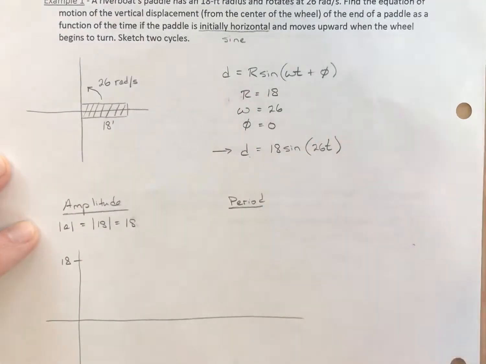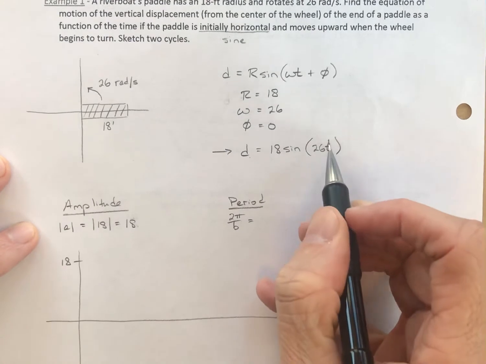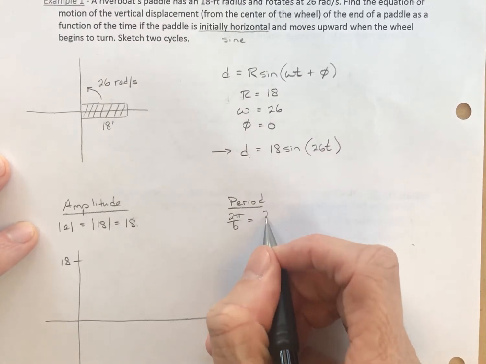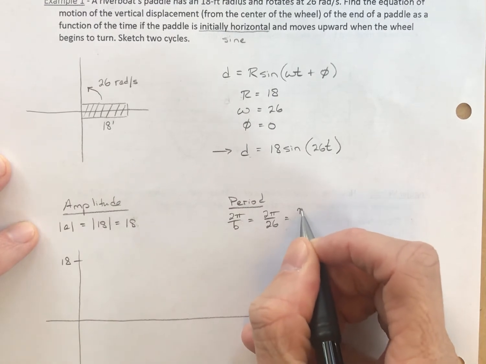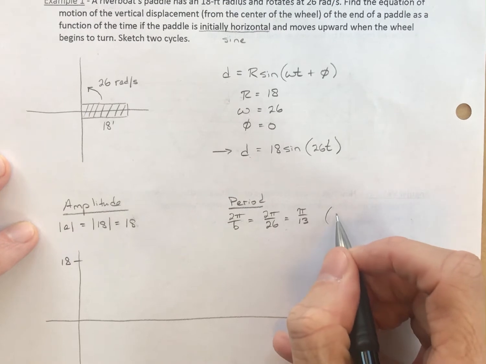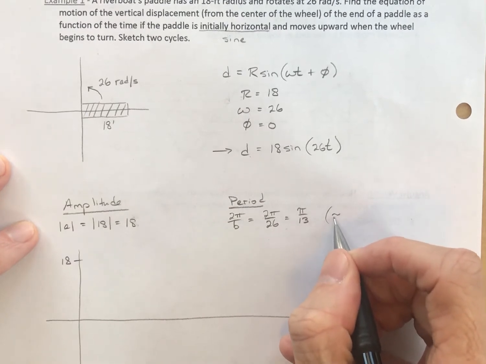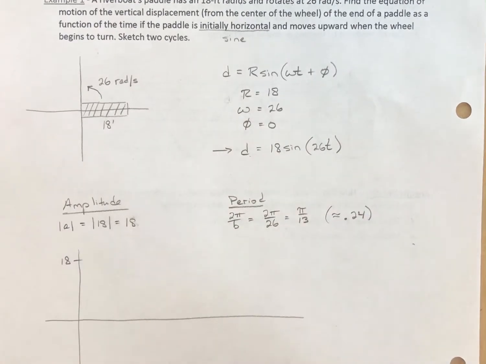Okay, well, the period is 2 pi over b. B is 26, so it's 2 pi over 26, which is the same as pi over 13. If we want to look at that as a decimal, pi divided by 13 is approximately 0.24.